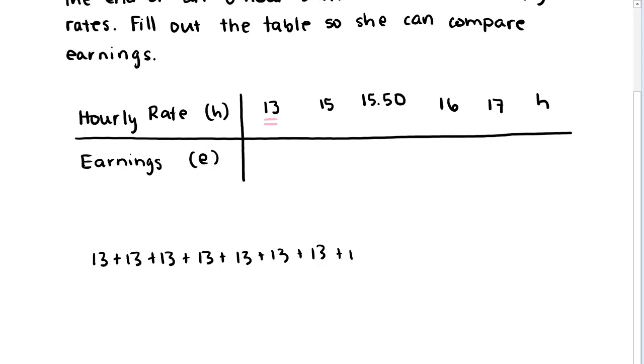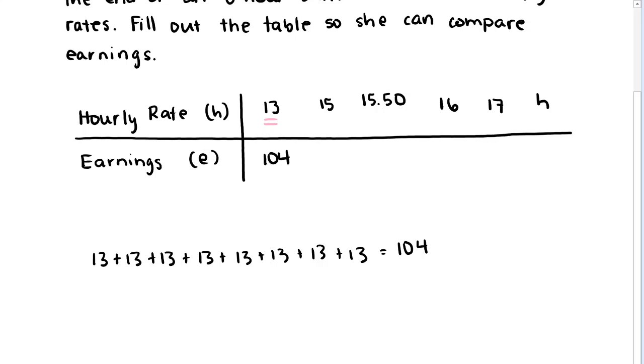I think I would need one more. I think this would be a total of 8. Right, so how much would this come out to be? $13 for each of those 8 hours. This would come out to be $104. That would be her earnings at the end of an 8-hour work shift if her pay was $13 per hour.